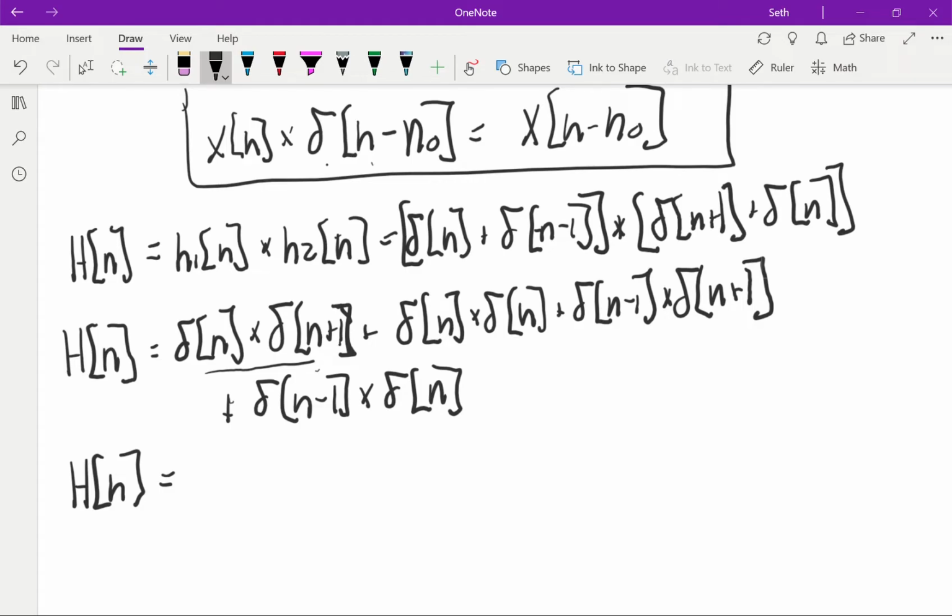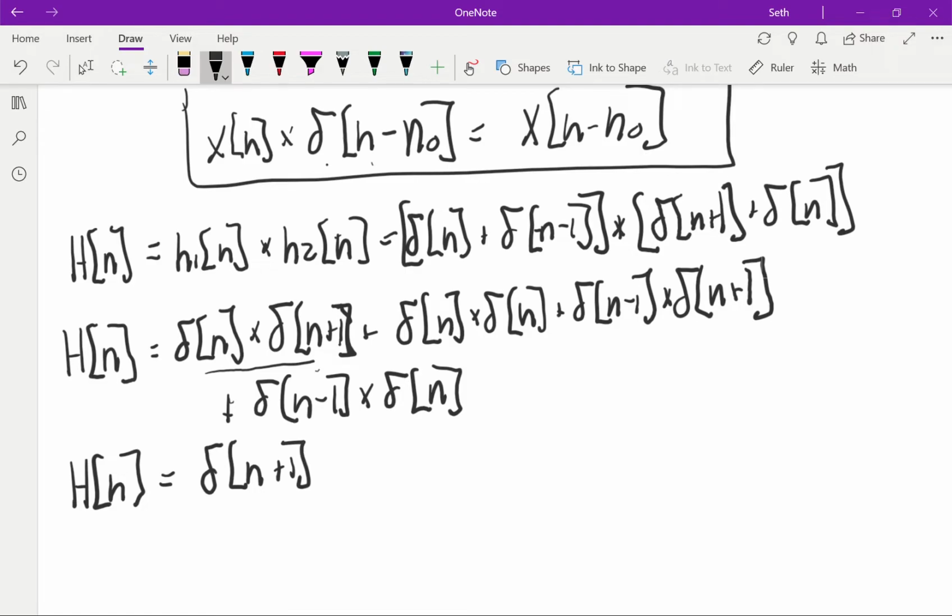And n naught is then negative 1. So when we transfer that over, it's going to be delta n minus negative 1, which is plus 1.